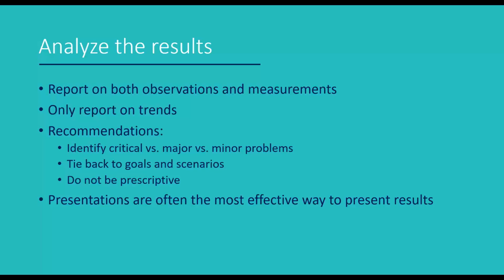So if people have trouble finding a button, say that we need to make the button more visible. Then it's the UX designer's job to determine how we make that button more visible, rather than you saying in your recommendation, we should make it green. Because there's nothing in the usability test that says making it green is going to make it better. But you can say the usability test showed we need to make it more visible.